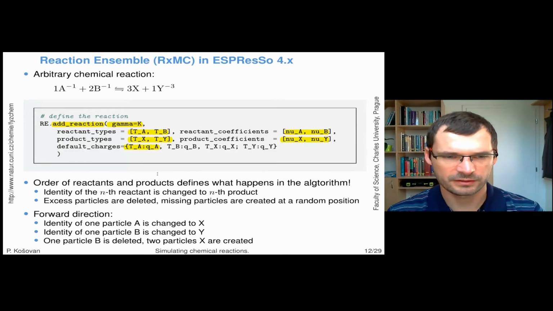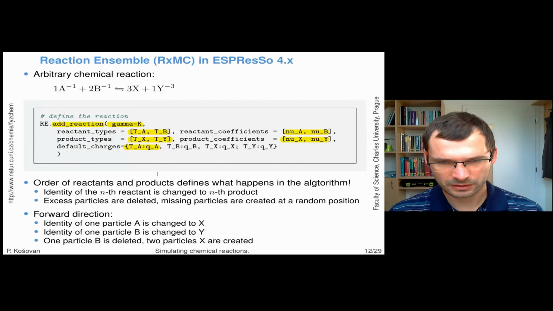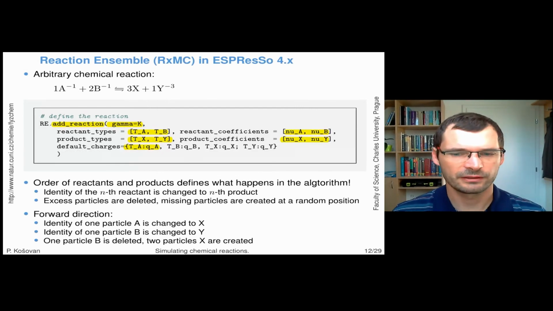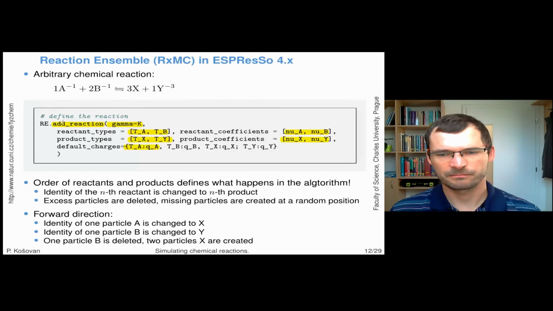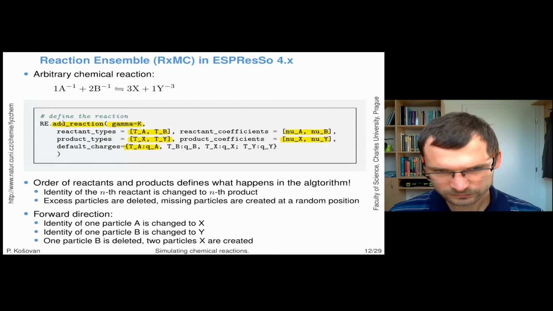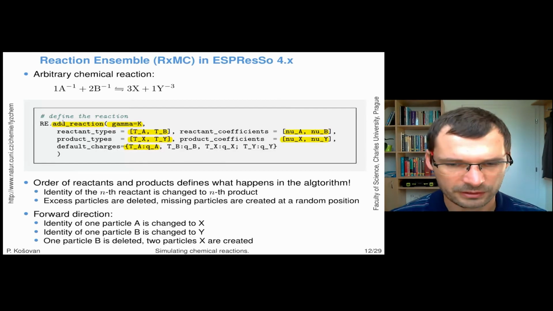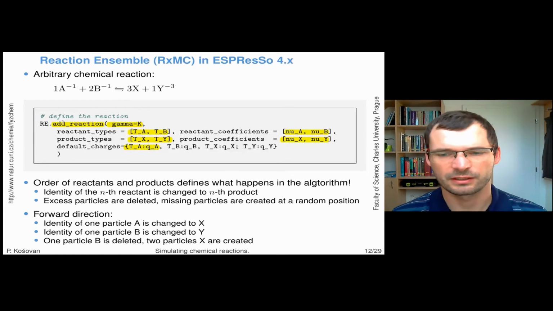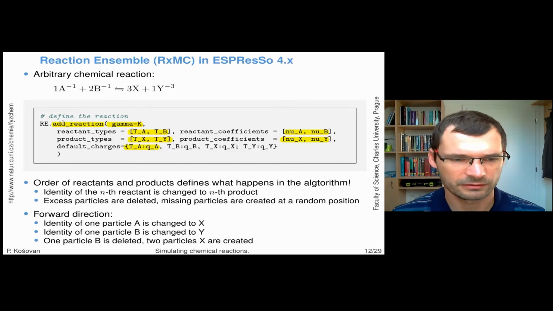We have a rule that when we perform the reaction move, the identity of the nth reactant is changed to the nth product, and vice versa when going in the reverse direction. Then, if there are some particles in excess, they are deleted, and if some particles are missing, they are just created in the system at a random position.